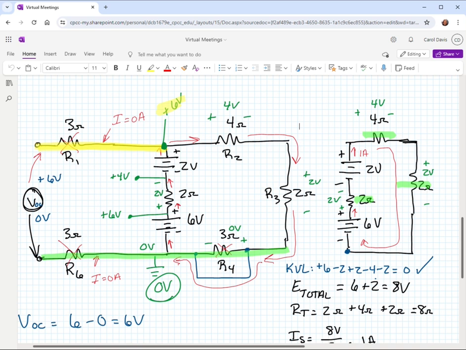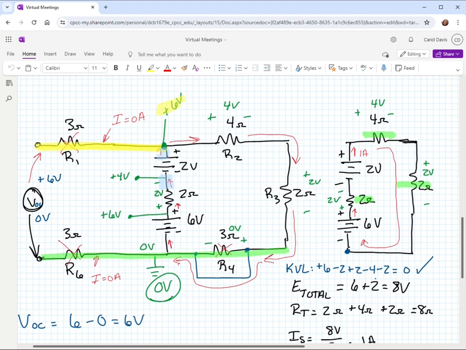And again, there's a lot of other measurements we could make in here. But a couple tips when you're looking at open and short circuits. First of all, you always want to start with tracing the path of the current through the circuit that we have, which is what we did in our circuit here. So we looked at the fact that we want our current to come from the positive terminal of the source, and it needs to come back to the negative terminal.